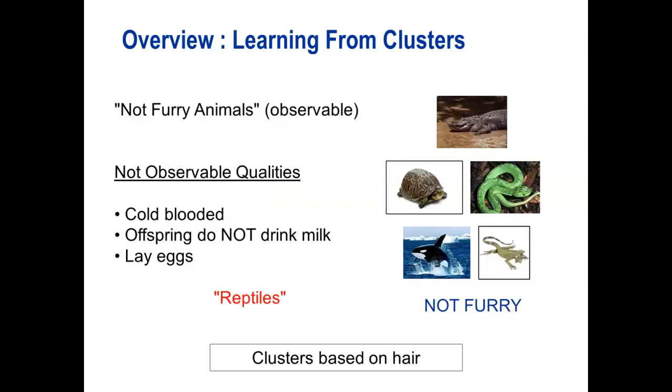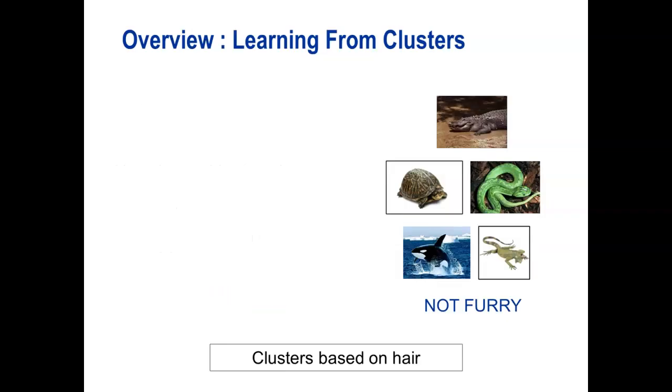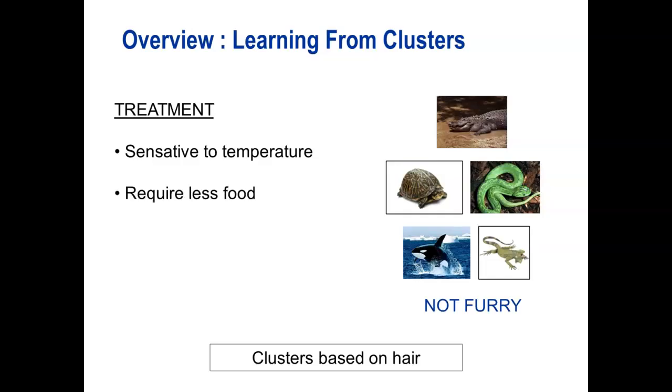What about our friends, the reptiles? The treatment is they're very sensitive to temperature. So if I have a zoo and I have an alligator or a turtle, I'm going to have to bring them in when it's cold out. They're going to have warm cages or they're going to die. Reptiles don't require a lot of food because they don't need the energy to keep their blood warm.